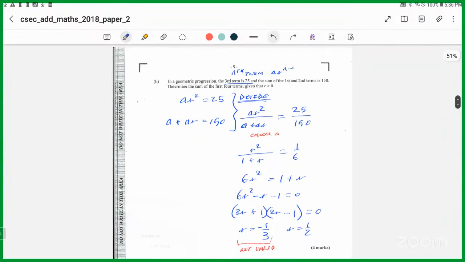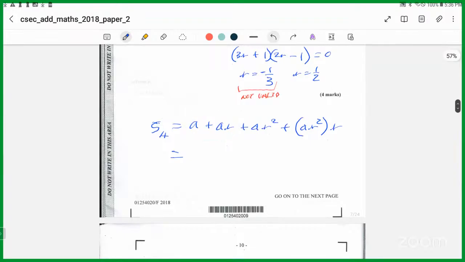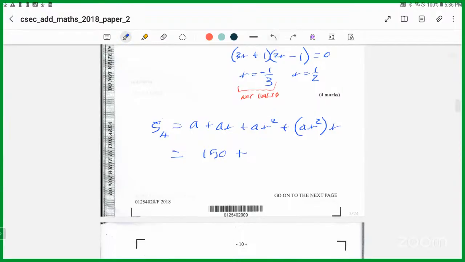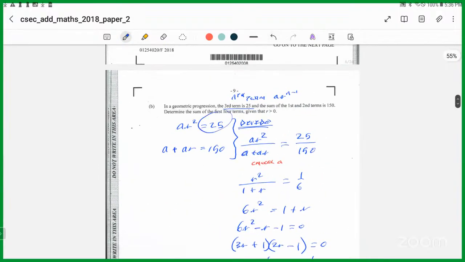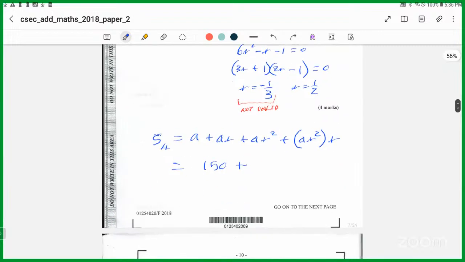We know that already. I'm showing you that they don't need to work out the a. So these two add up to 150. Plus the third term is 25. See here, the third term is 25. So this will be 25. Plus the fourth term will be 25 times r, which is a half. Not a quarter, Mr. Shaw, half.